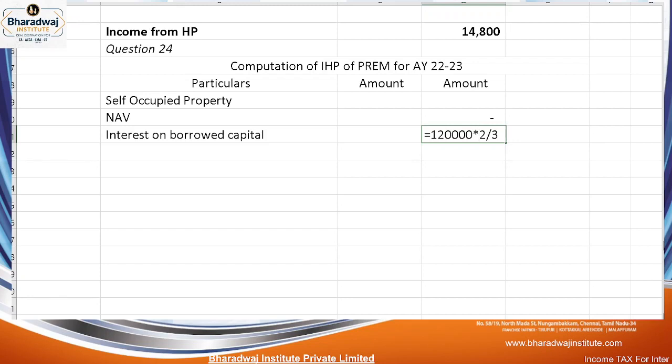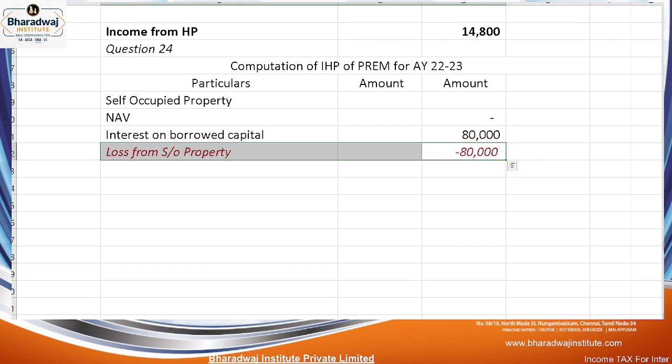Yeah, we can claim up to 2 lakhs, but actual interest is only 80,000. You get a loss from self-occupied portion. NAV 0, self-occupied property 2/3, so 80,000 can be claimed.